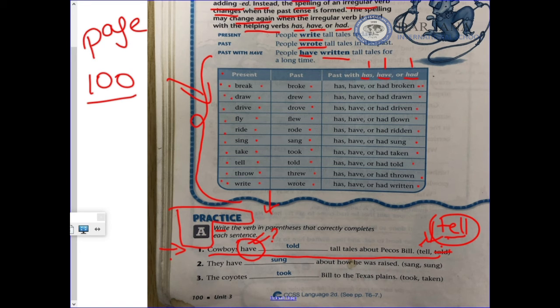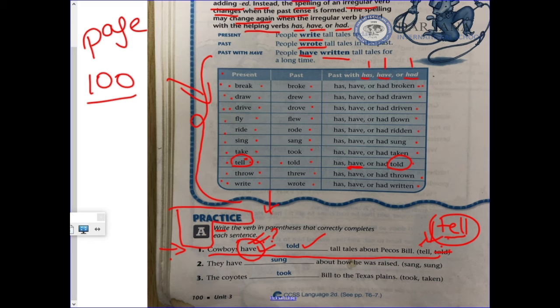No, tell is this one. Do I use the past tense told? No. I'm going to use the past tense of tell with the helping verb have. It's also told. So the answer is told.